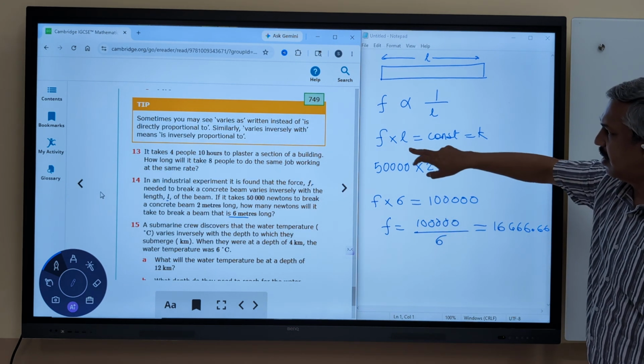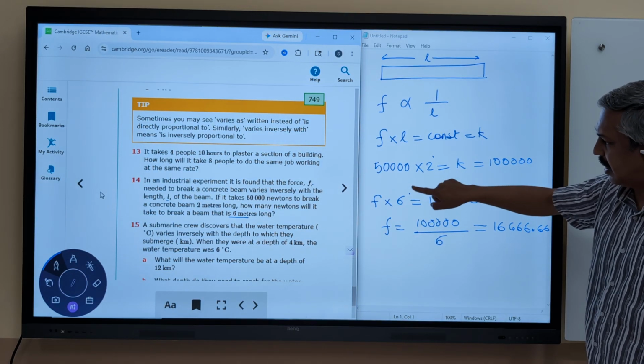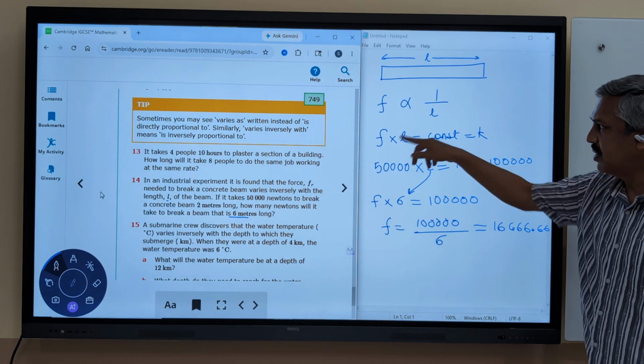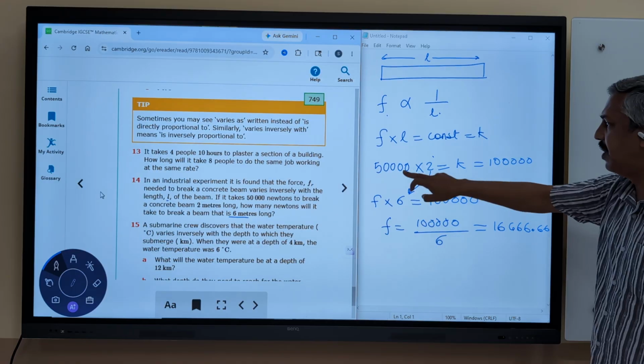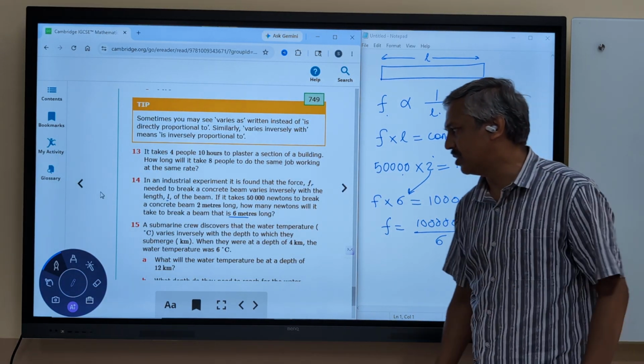You will see that the length initially was 2. Then the length becomes 6. So this has become 3 times, multiplied by 3. And because they are inversely proportional, if this becomes 3 times, the force will be divided by 3. So it is now 50,000 upon 3. Just check the logic, you get the answers.